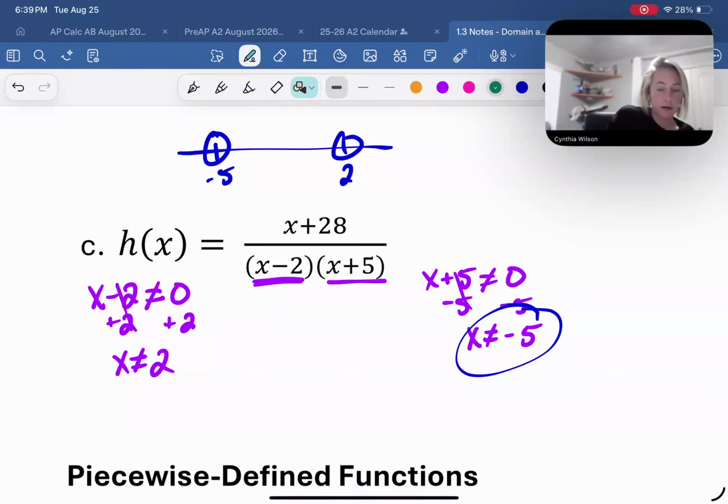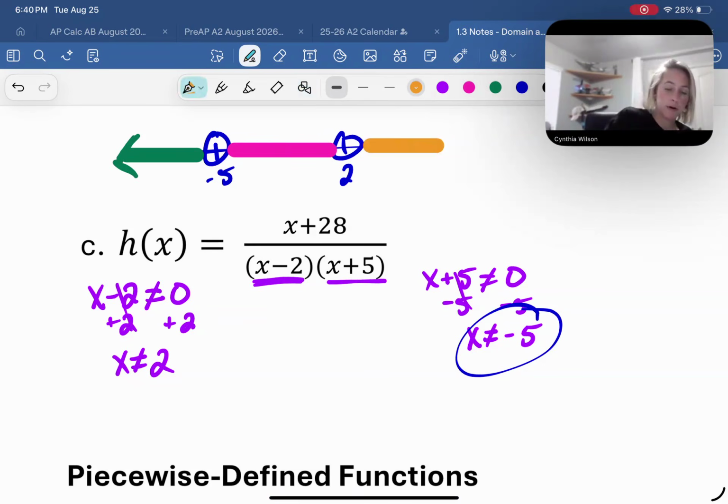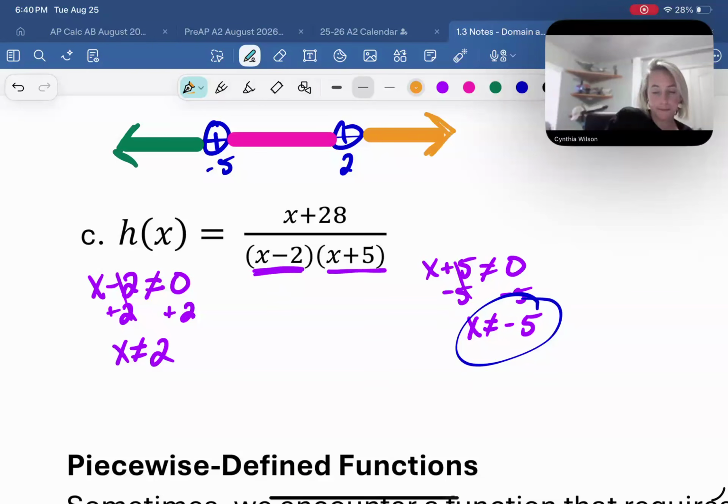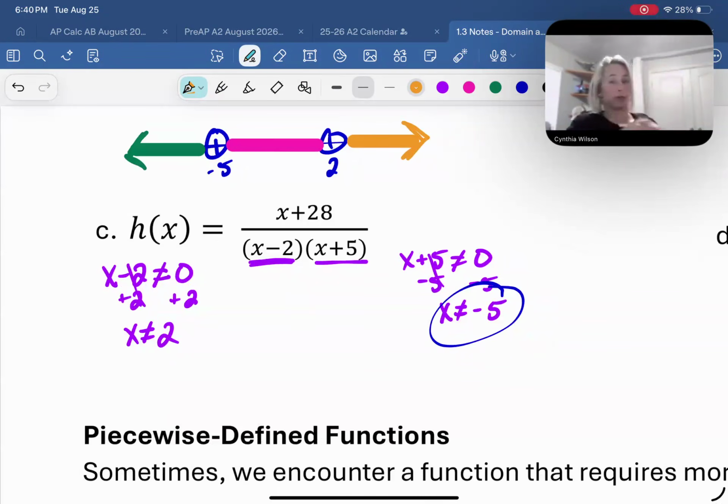We have less than -5. We have between -5 and 2. And we have greater than 2. And again, I'm purposely using 3 different colors because that means you have 3 separate intervals.